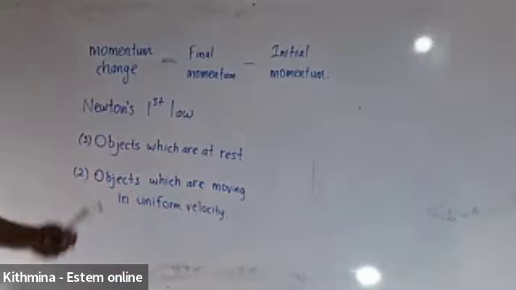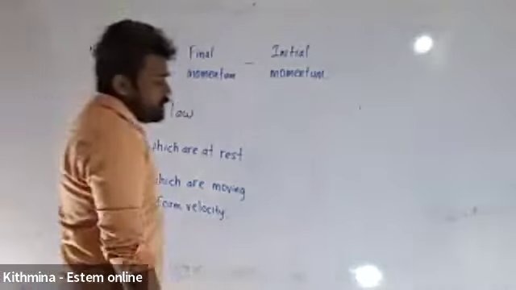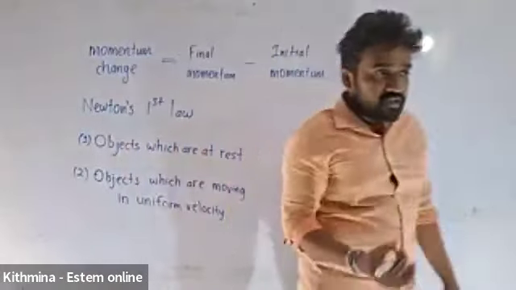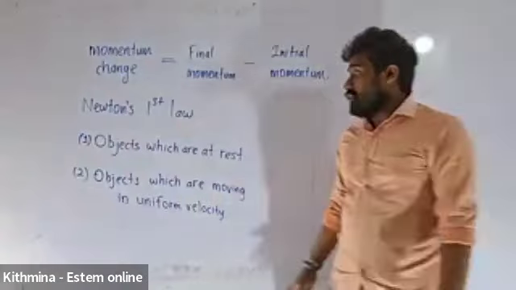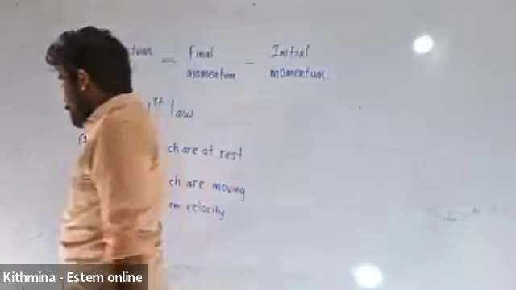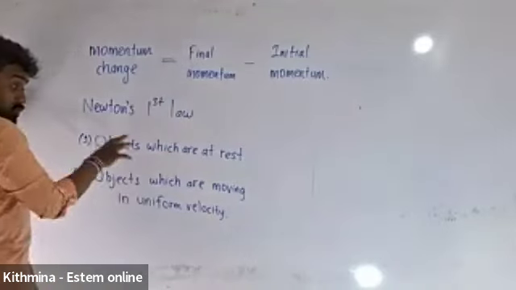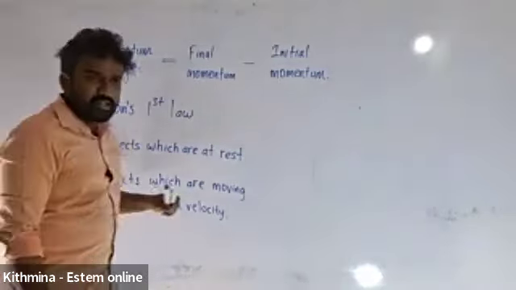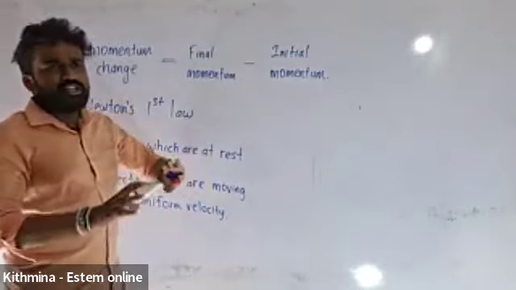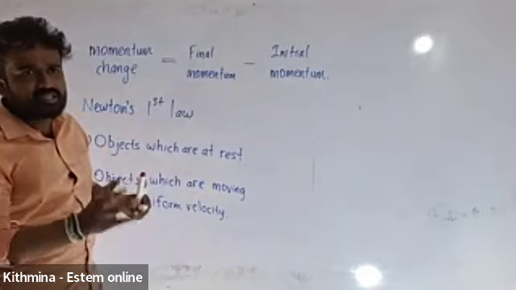That is the second category he is explaining in Newton's first law. He is telling that the objects which are at rest, and the objects which are moving with uniform velocity, never change their motion condition.